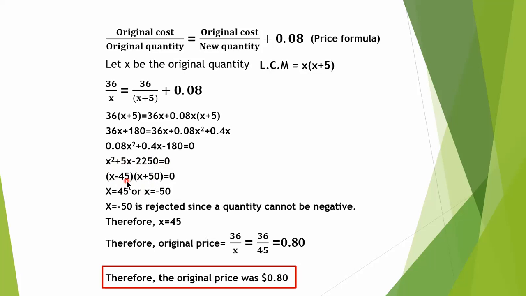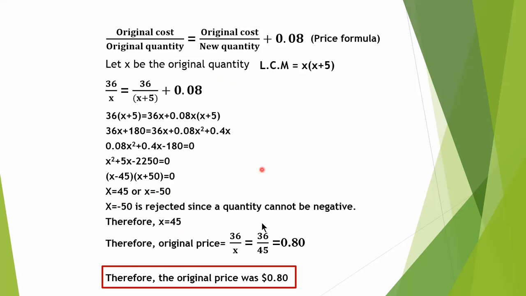Yes, so these are the 2 factors, right? x equals 45 or x equals negative 50. What is your x? Quantity. Quantity cannot be negative. Therefore, you reject this negative answer. So your answer is x equals 45.